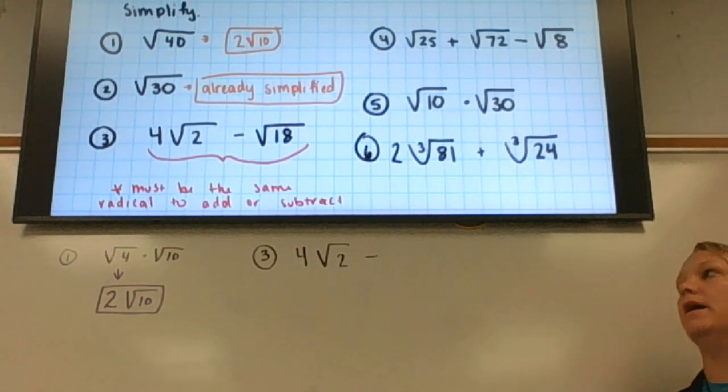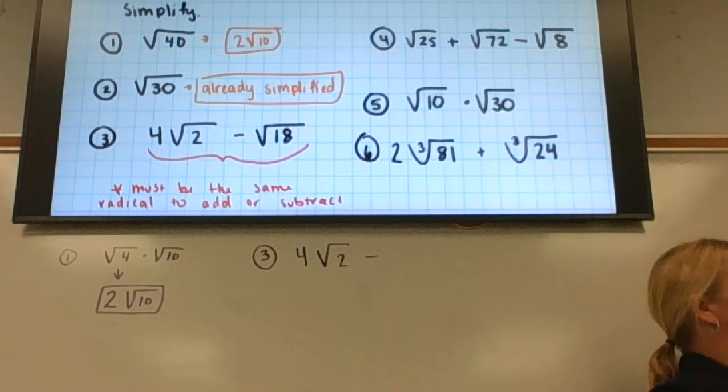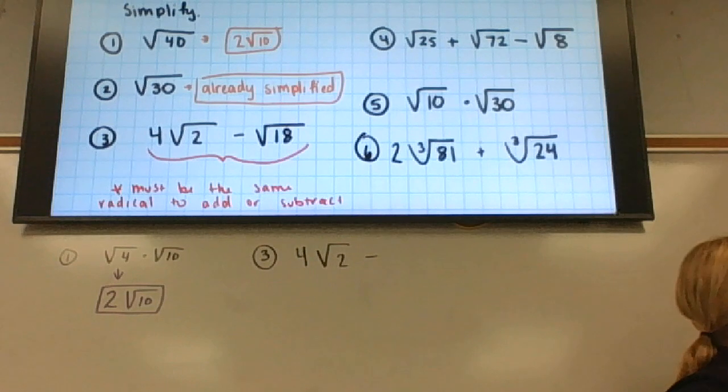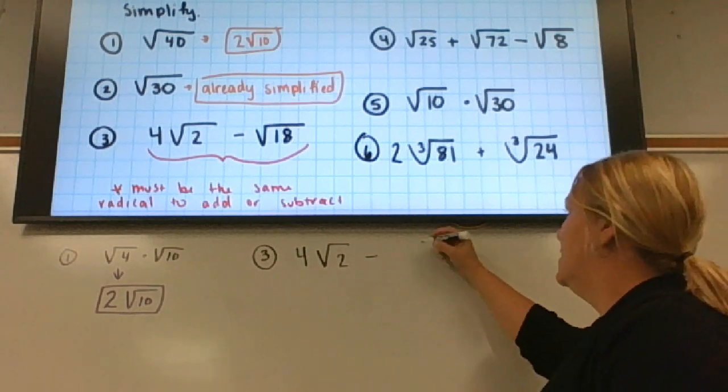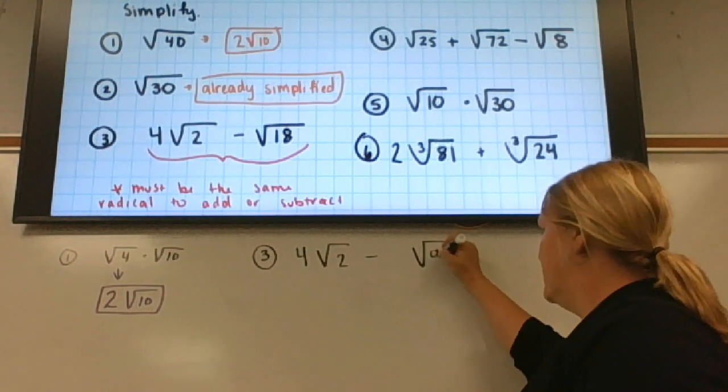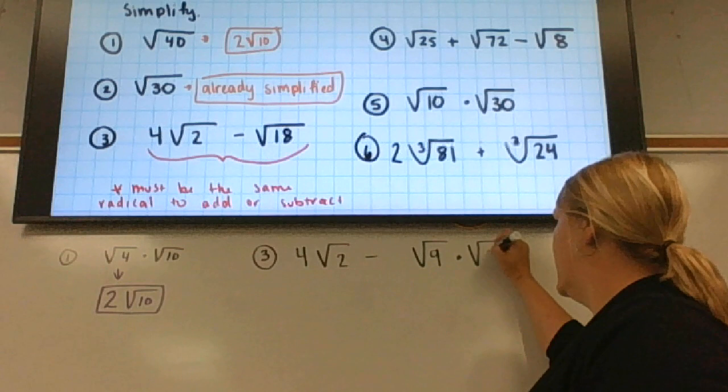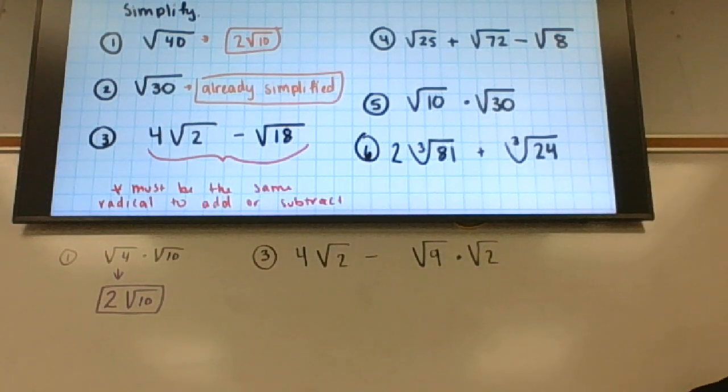We've been seeing that a lot. That 18 can probably be broken down. I look at the list. Does 18 divide by 16? No. Does 18 divide by 9? Yes. So I'm going to rewrite 18 as the square root of 9 times the square root of 2, because that's the same as 18.